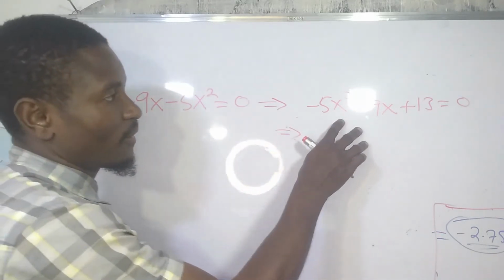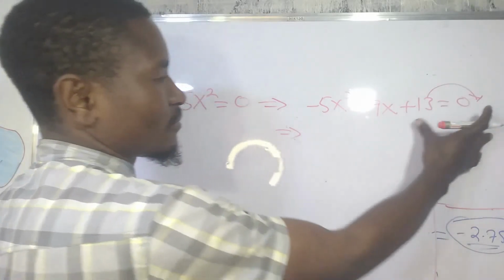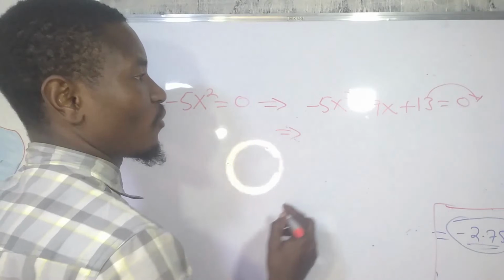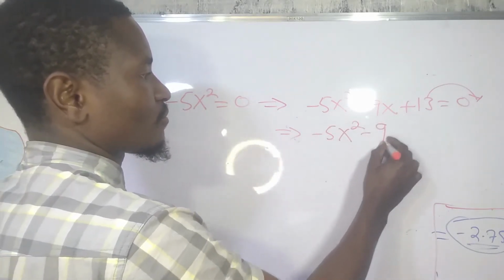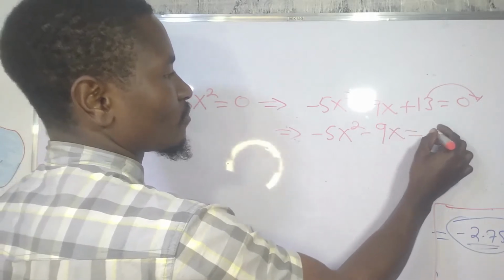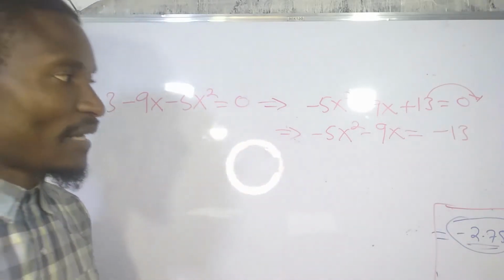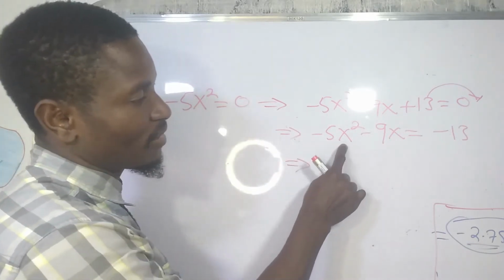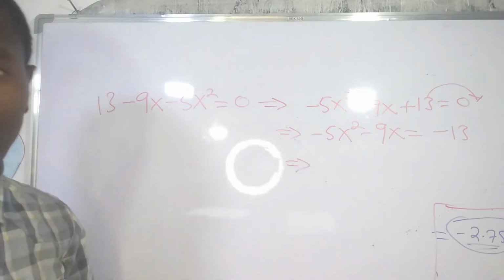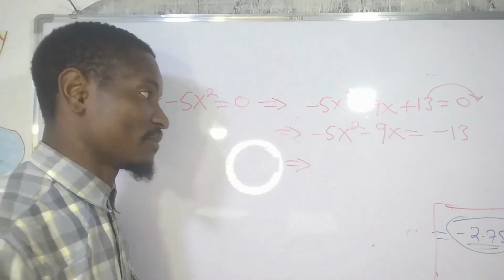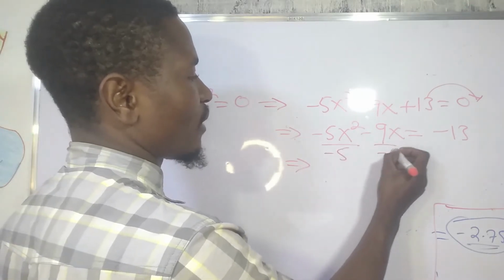Once you do that, okay, you take the constant to the right hand side. And then from there, you make the coefficient of x squared, meaning negative 5, be 1. So meaning you divide throughout by negative 5.